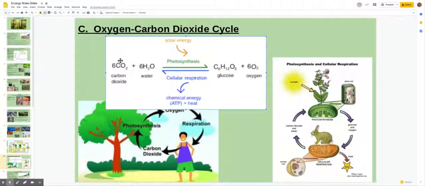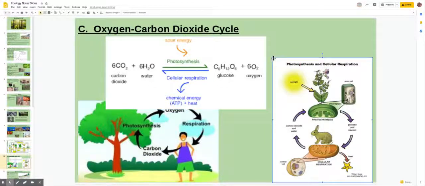Carbon dioxide and water is used to make sugars in photosynthesis, and those sugars are combined with oxygen in cellular respiration to be converted, have the energy be converted into ATP molecules. That leads to more carbon dioxide and water, and the cycle repeats itself.